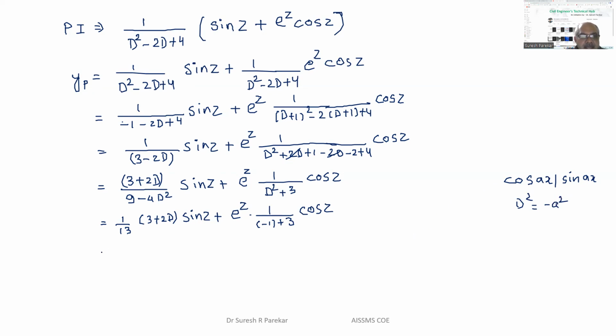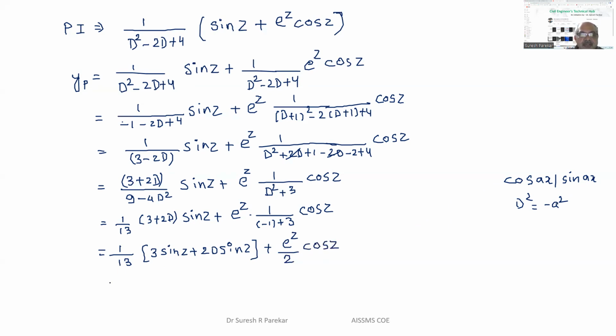Now in this we have to separate the terms. So 1 by 13 in bracket 3 sin z plus 2D sin z, plus e to the power z divided by 2 into cos z.